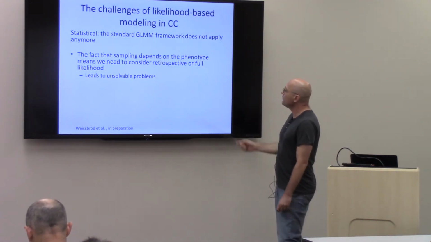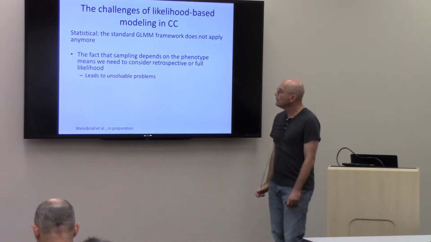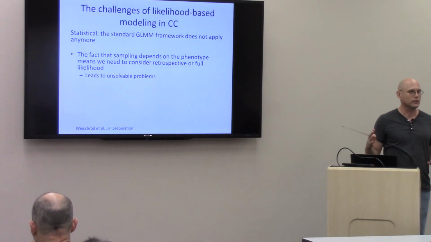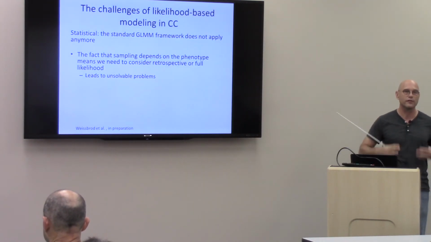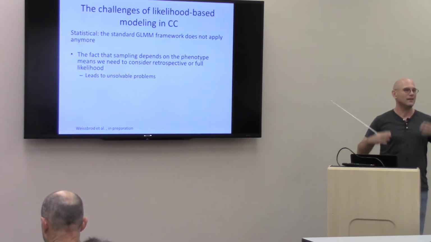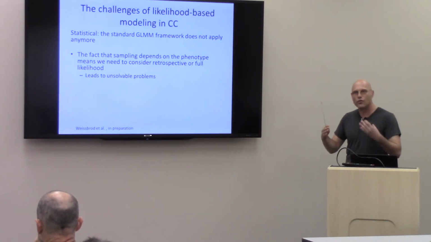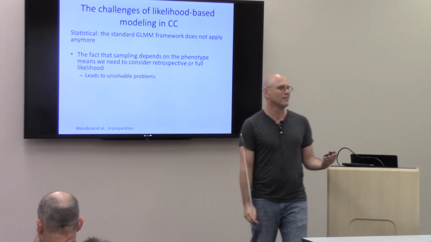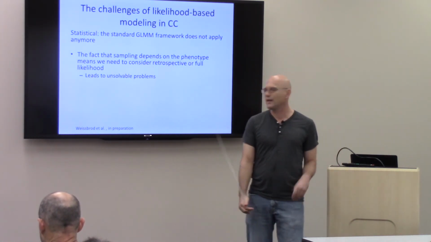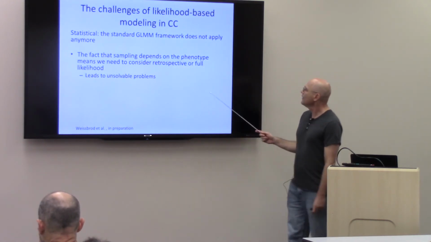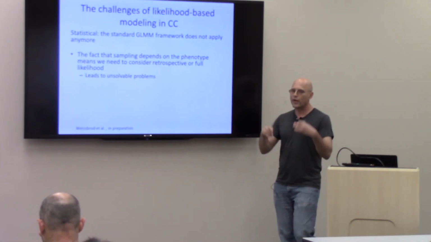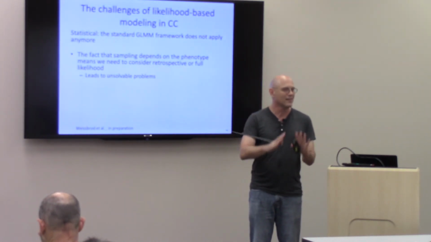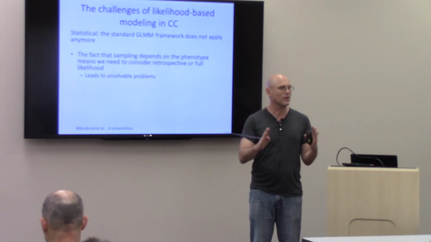For example, the fact that the sampling depends on the phenotype means that the kinds of likelihoods we are used to thinking about in this community, which are prospective likelihoods, the probability of the phenotype given the X's and the Z's, are not the correct likelihood to think about, because our sampling depends on the phenotype. The prospective likelihood we are used to is a reduction from the full likelihood that we can prove is a good idea in the cases we're used to without the case control sampling.